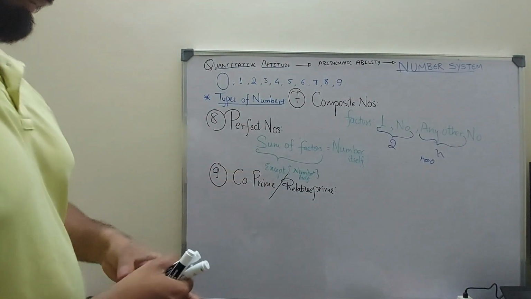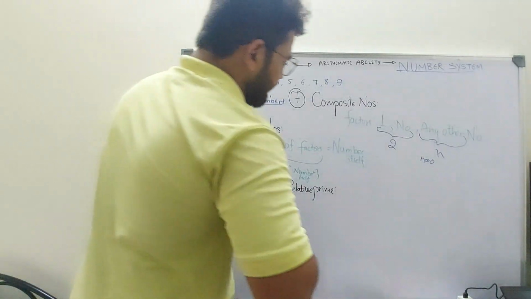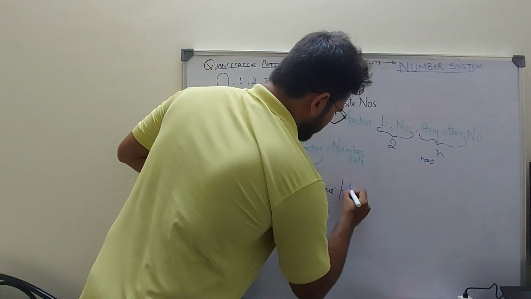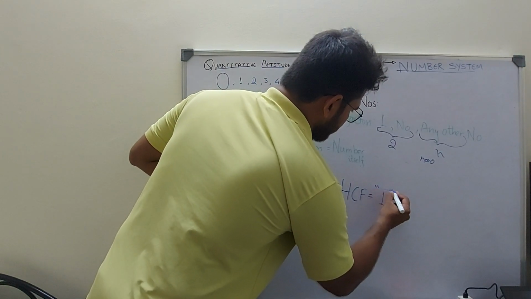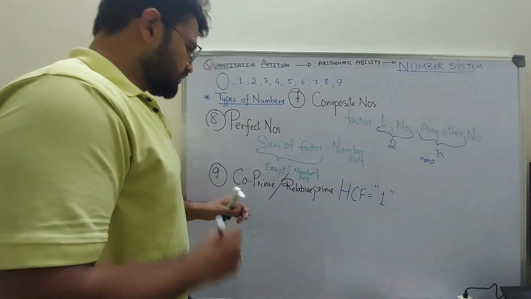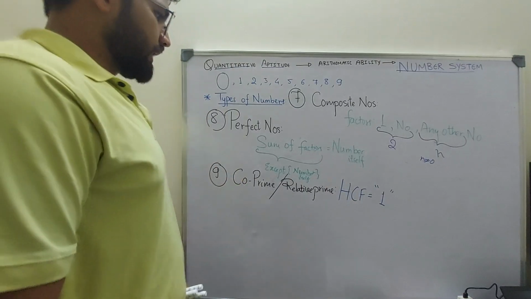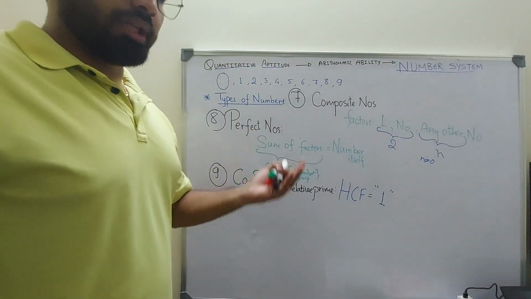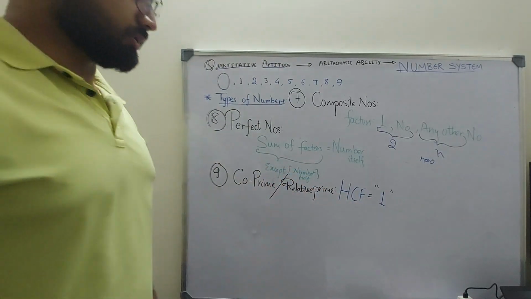So it's a simple definition. Suppose two numbers have HCF as 1. Any two numbers whose HCF is 1 are co-prime or relative prime. It need not be that both the numbers should be prime. The HCF should be 1, highest common factor should be 1.